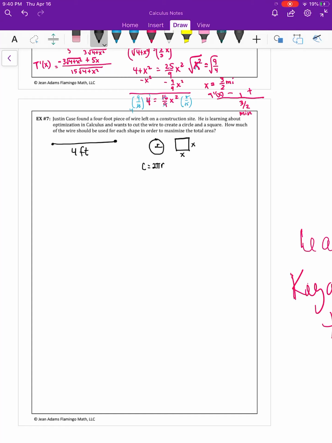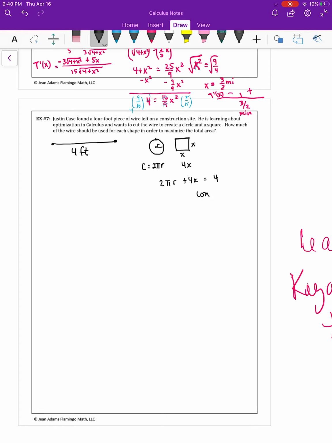We're going to say that this circle has a radius of r. And so since the wire, when it's cut, is going to create the circumference of the circle, that's going to be 2 pi r. And the perimeter on here is going to be 4x.